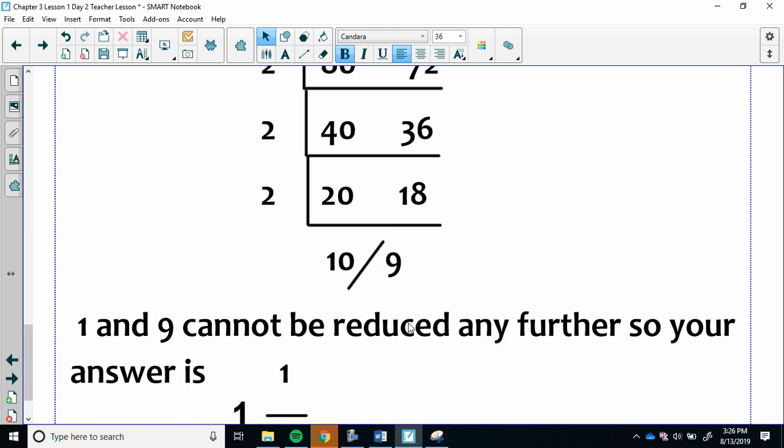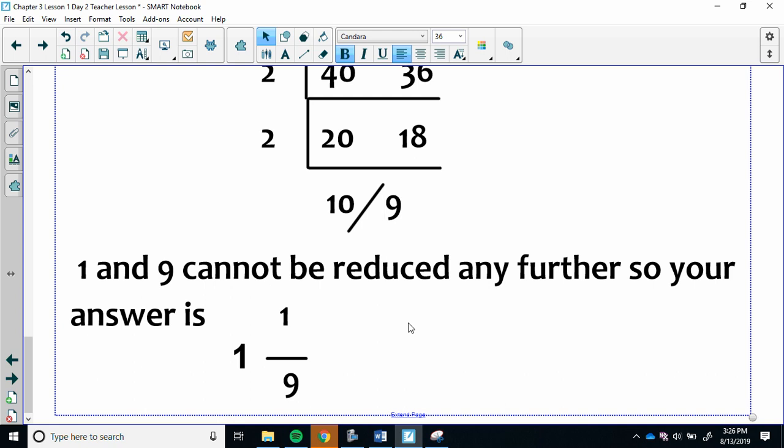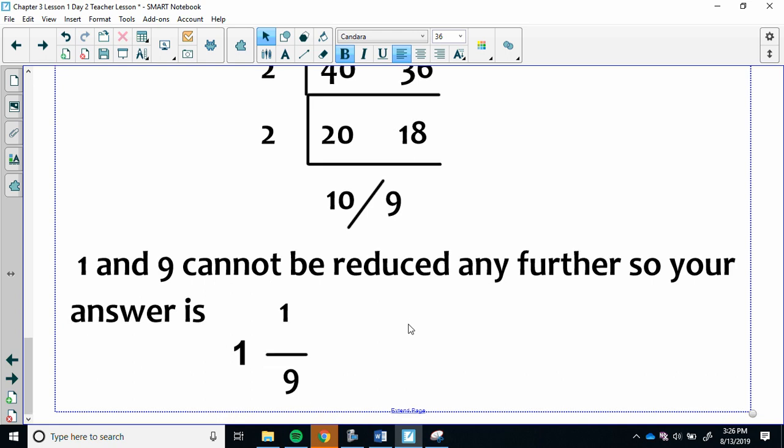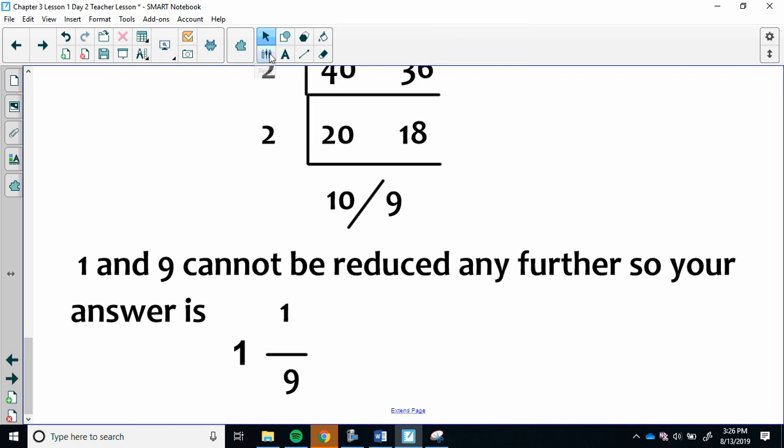But what we need to do is change this to a mixed number. So here's how I'd get this 1/9. Let me see if I can make this look a little neater.